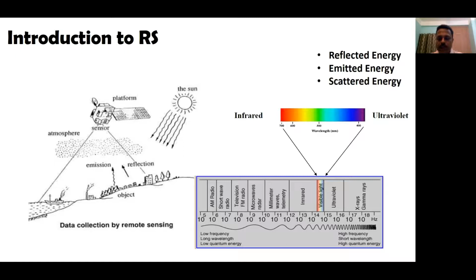So slightly bigger wavelengths than the gamma rays are within the category of the X-rays. If the wavelengths are slightly bigger than the X-rays, we name it as ultraviolet. Then we have the visible range.